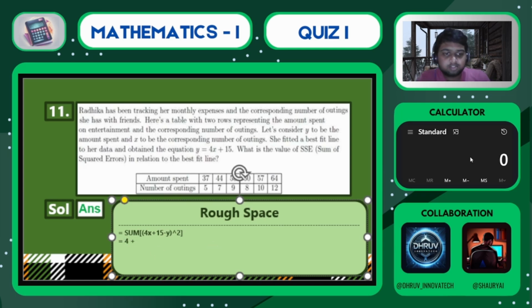Next, 7 into 4 plus 15 minus 44, squared becomes 1. 9 into 4 plus 15 minus 53 becomes 2, squared becomes 4. Next is 8 into 4, 32 plus 15 minus 50 becomes 3, squared becomes 9.